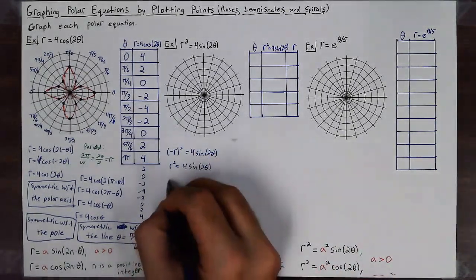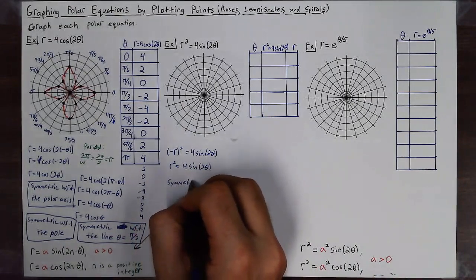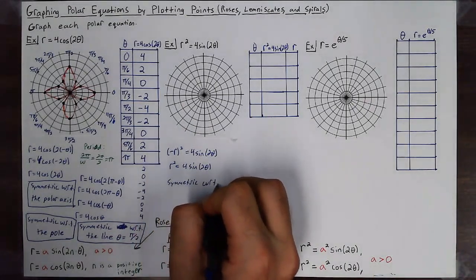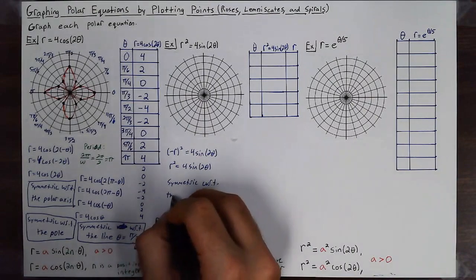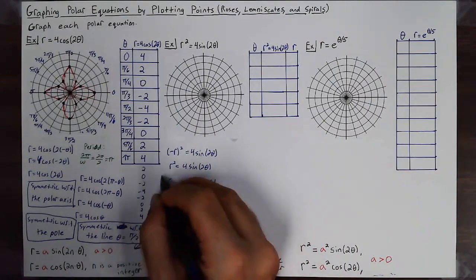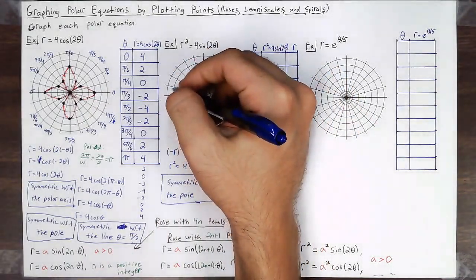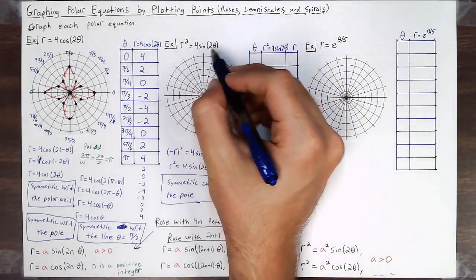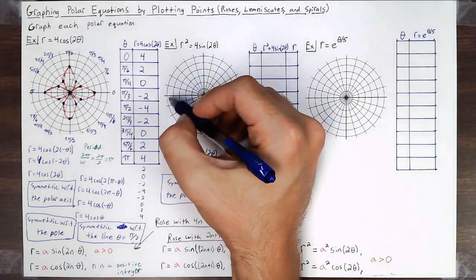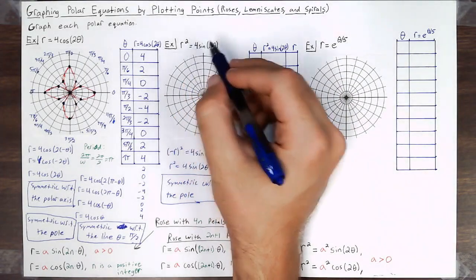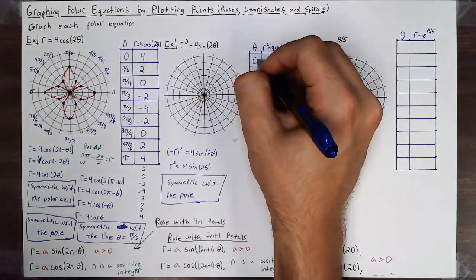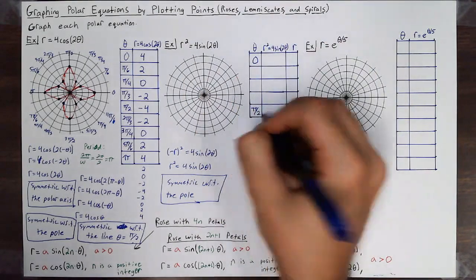So it's symmetric with respect to the pole, the origin. So I just need to get points from 0 to pi, but what's really nice is sine of 2 theta happens to be negative from pi over 2 to pi. And since r squared can't equal a negative number, I actually just need points from 0 to pi over 2.